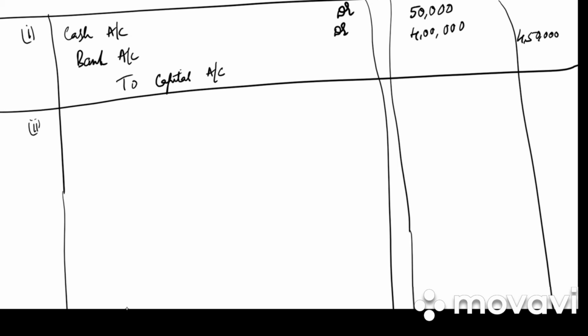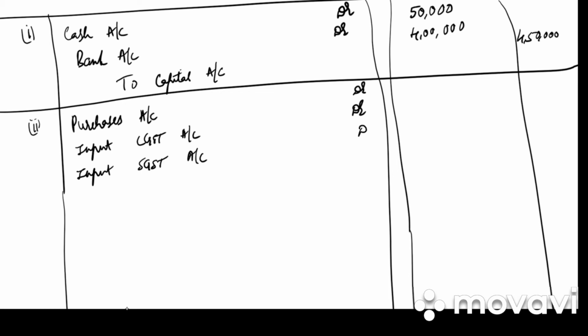Next we have the second entry. Bought goods for the list price of 1 lakh from Gopal Brothers less trade discount and cash discount and paid 60% by check. So first, what is the entry? We purchased goods. So purchases account debited. We have input CGST account debited, input SGST account debited to bank account, 60% paid by check.